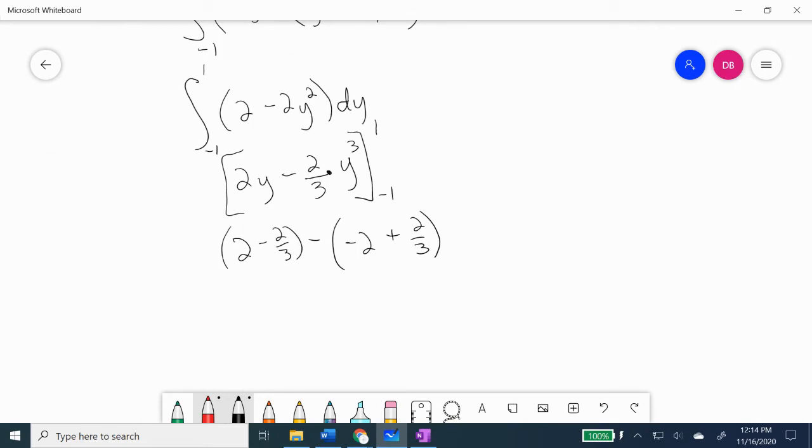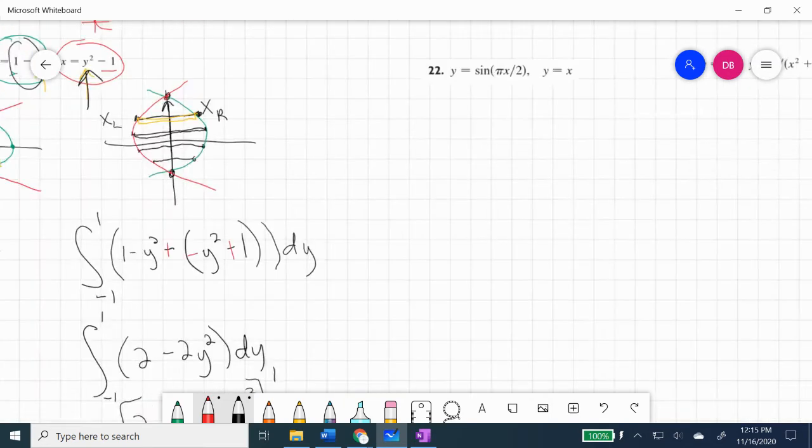So I end up with, I'm going to add the opposites. 2 plus 2 is 4, minus 2/3 minus another 2/3 gives me minus 4/3. And you can simplify the fraction from there. And let's move to the next problem.